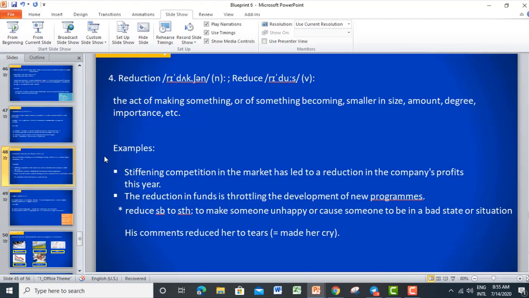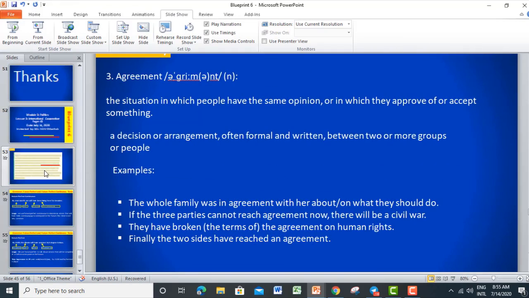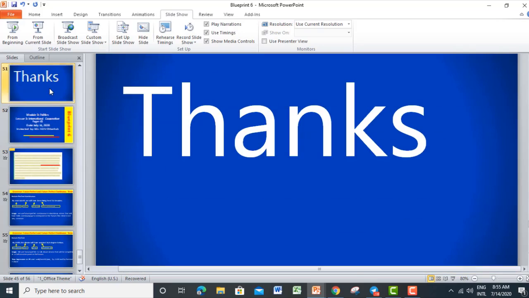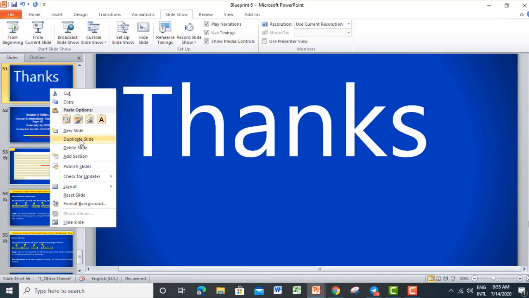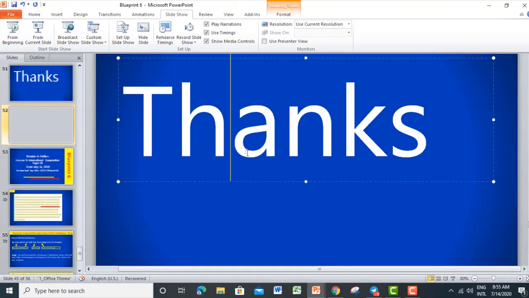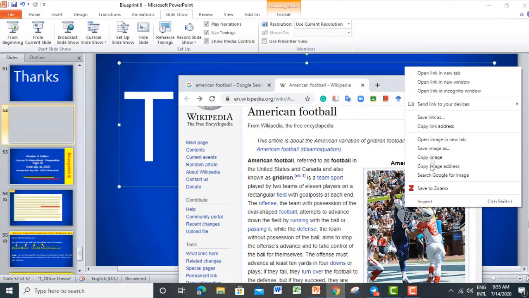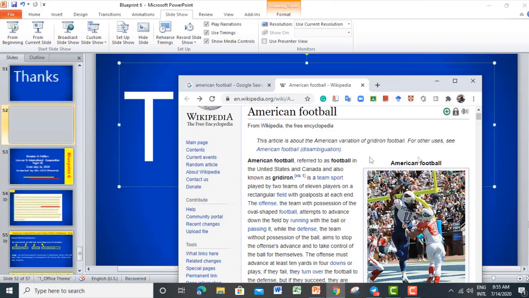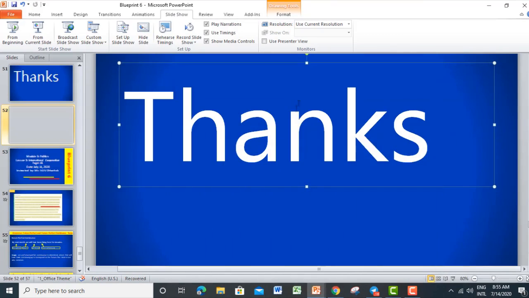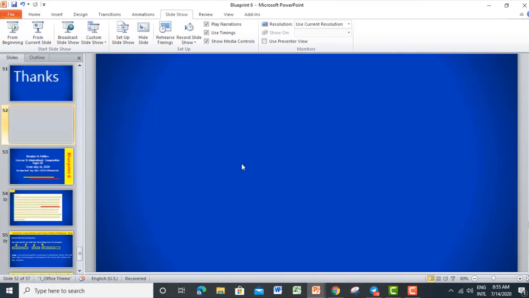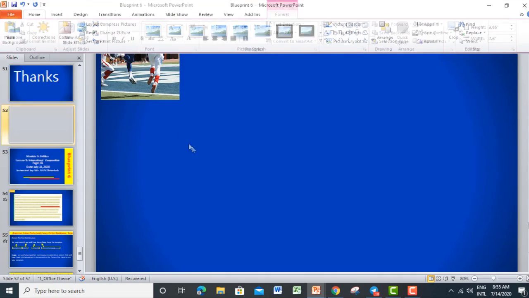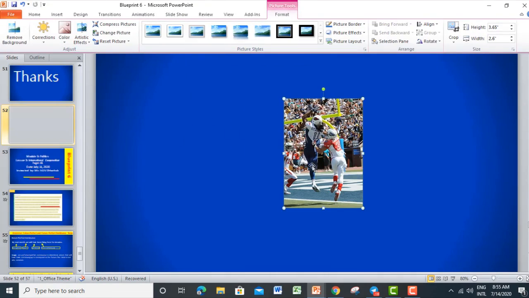And teacher would like you to see the example of the word crop. Okay, so teacher downloaded one image, like here. If some of you are familiar with Microsoft Word, Excel, or PowerPoint, you can see here one.